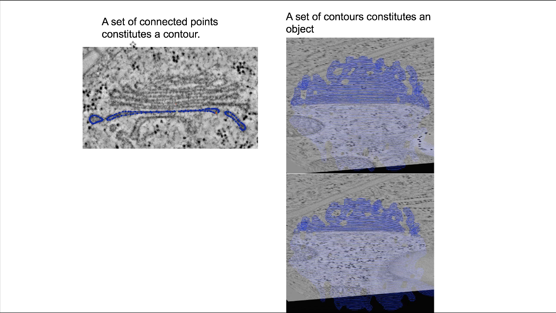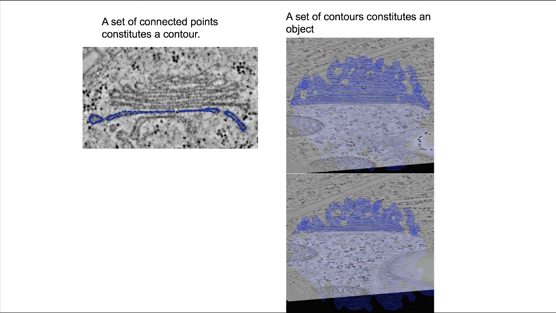This is a tomographic slice of a Golgi where I outlined one transverse Golgi cisterna with a dark blue line. But this dark blue line in the 2D image has many points. Here you can see a red circle, a green circle, and a yellow circle. The green circle means the start point of a contour, the red circle indicates the last point of a contour, and the yellow circle marks the point that I selected.